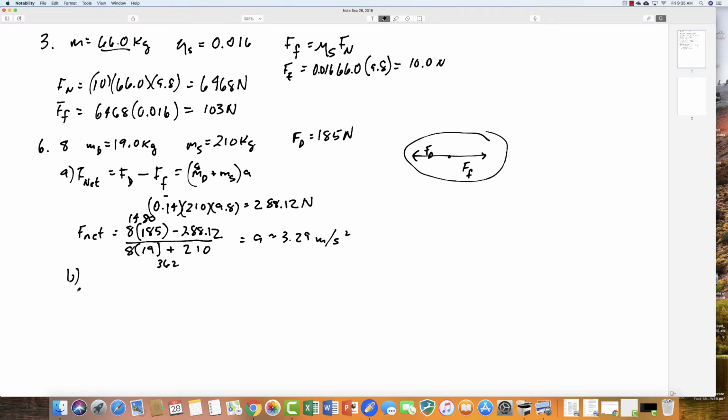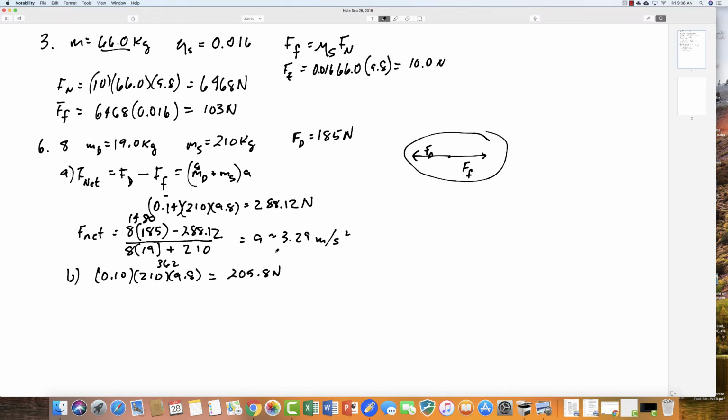So that's the first part. The second part basically says, now that you've got it moving, how does the acceleration change? Well, the acceleration changes because the coefficient of friction changes from static to dynamic. And the dynamic, or kinetic, coefficient of friction is 0.10. And then you multiply that by the same number, 210 times 9.8, and this time you get 205.8 newtons.